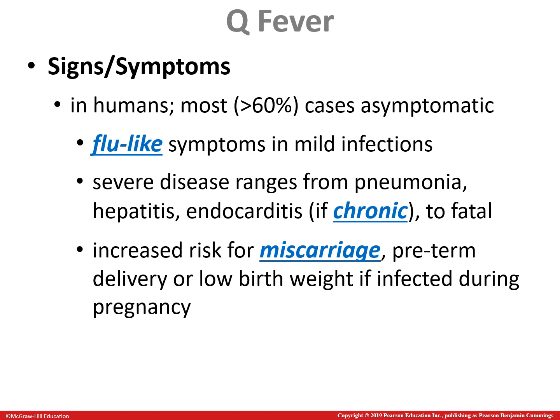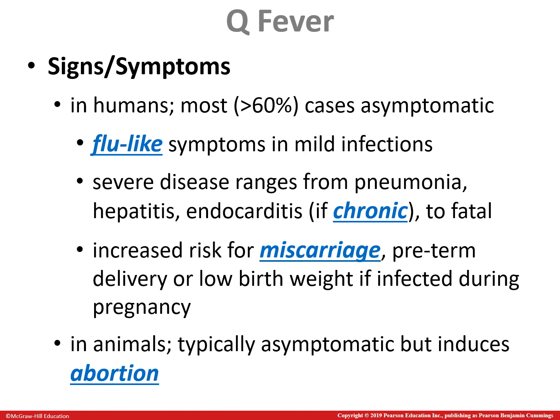And if a pregnant woman is exposed to these bacteria, it increases the risk for miscarriage. So that's typically where we worry most, is with pregnant women. In animals, this is one of those diseases that actually doesn't have any symptoms other than if it's a pregnant livestock, then it can cause abortion.